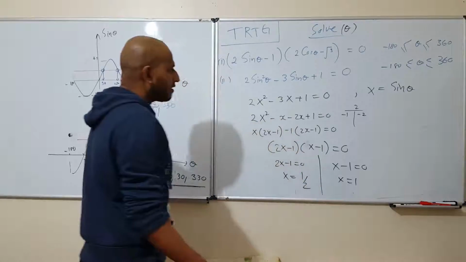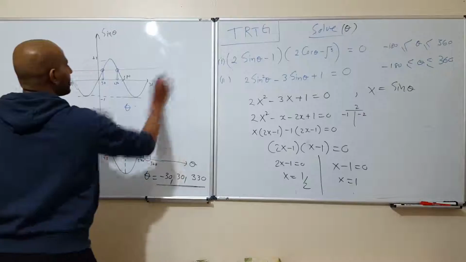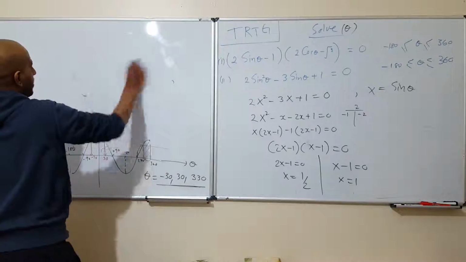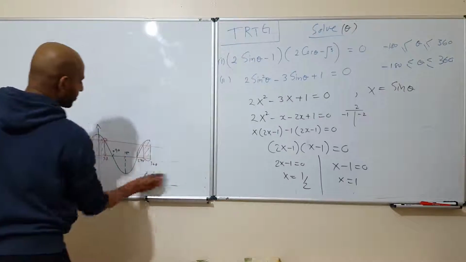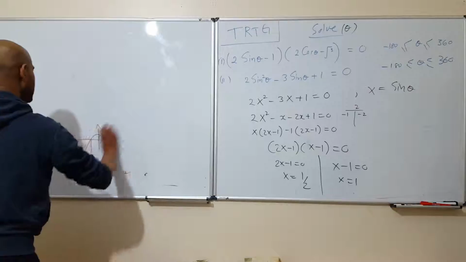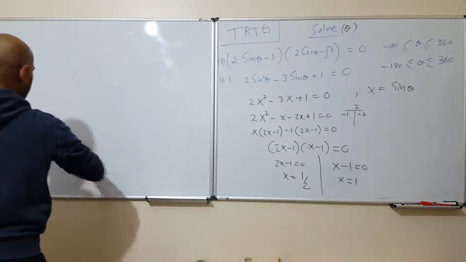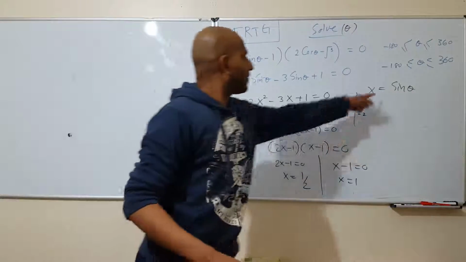So we were not looking at x, actually we were really looking at theta, isn't it? We are trying to solve this for theta. And also we changed the question, we substituted x equals sine theta. So what we're going to do now, we're going to put it back into x, because x equals sine theta.